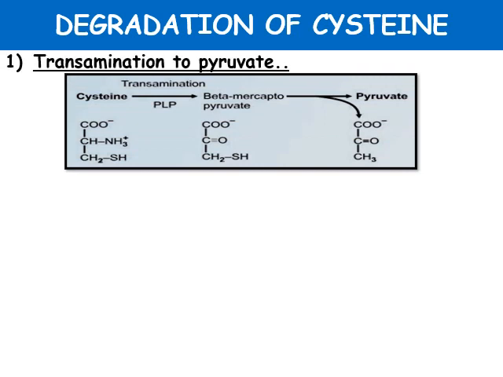Now, the degradation of cysteine. What are the different end products we get from the cysteine? From the cysteine, by the transamination reaction, we get beta mercaptopyruvate, and then after that we get pyruvate. And you know, this pyruvate enters the gluconeogenesis pathway.